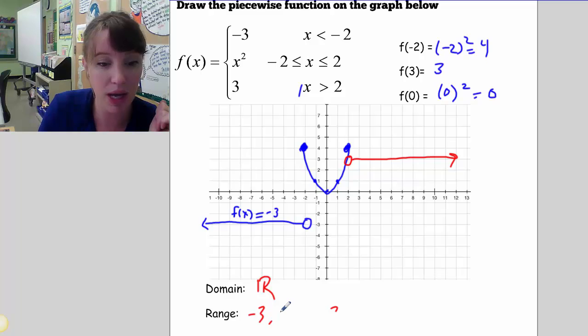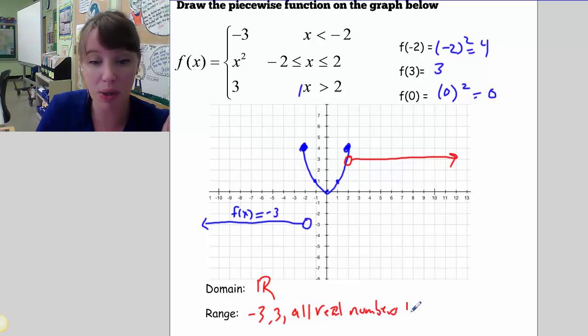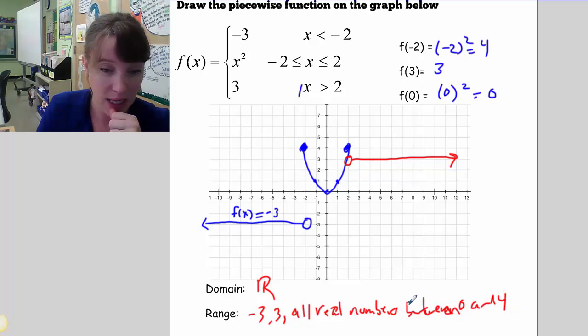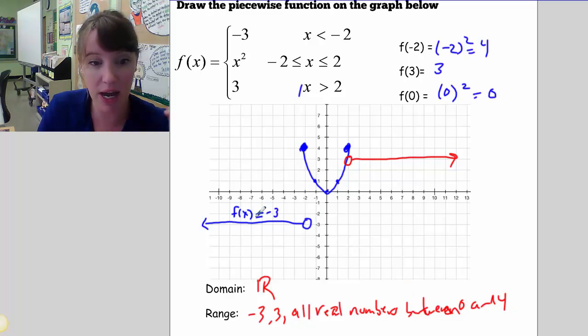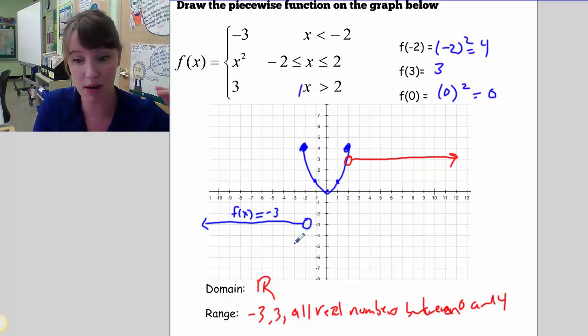It's negative 3 and 3, so it's defined on those two. And then all real numbers between 0 and 4.